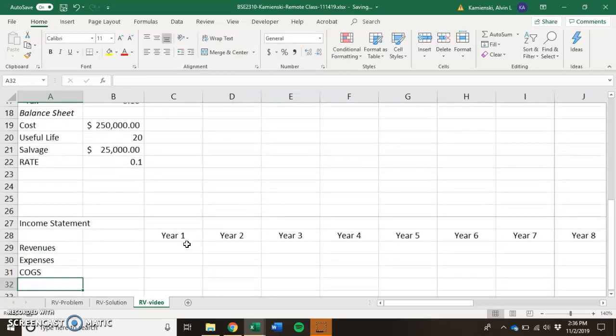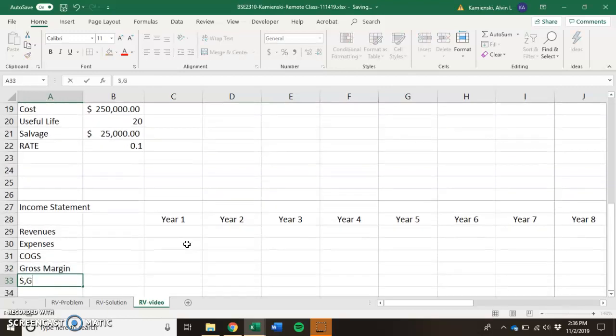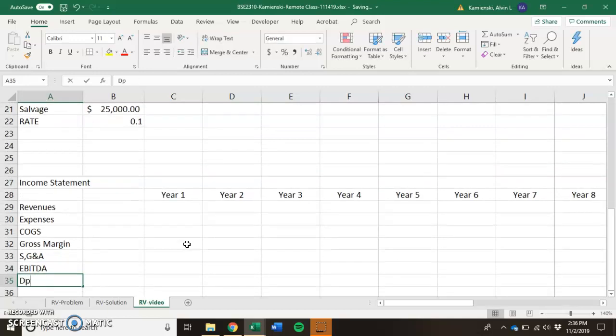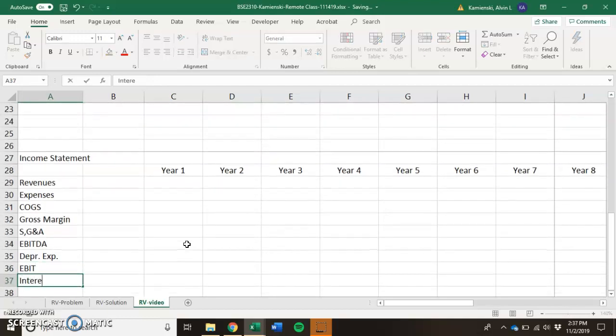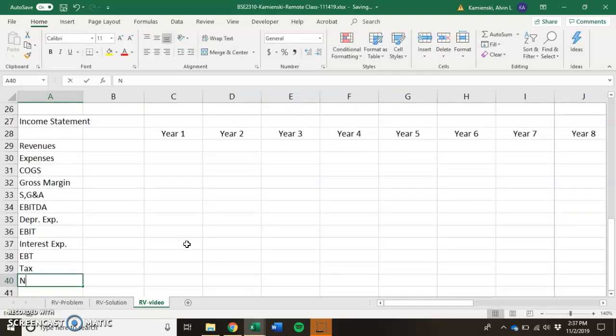We'll have cost of goods sold, and we'll have gross margin, SG&A, and then EBITDA, depreciation expense, EBIT, interest expense, EBT, tax, and net income.